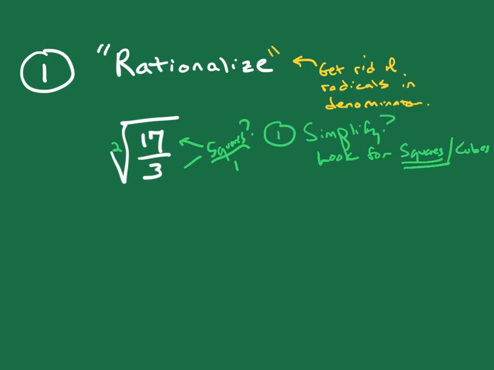So I'll make that little list here: 1, 4, 9, 16. 16 doesn't go into 17 or 3, or 9 doesn't go into 17 or 3. 4 doesn't, and neither does 1. So no squares in either of those. So this first step of simplifying we don't need to do.